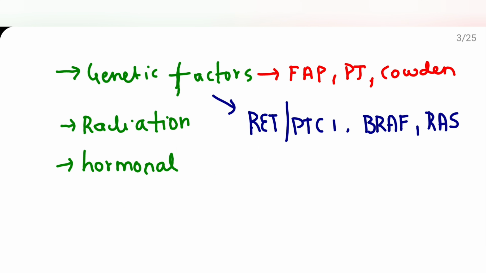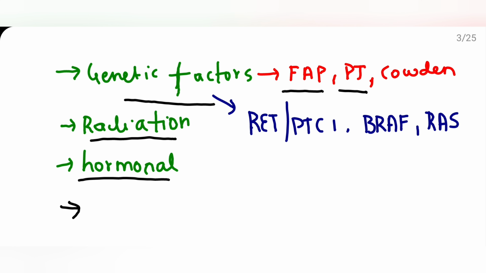So coming to the etiologies, exposure to radiation, hormonal or some autoimmune causes. Apart from that, most commonly genetic factors. You can see this tumor in familial adenomatous polyposis or Peutz-Jeghers syndrome or Cowden syndrome. So what is the most common mutation here?